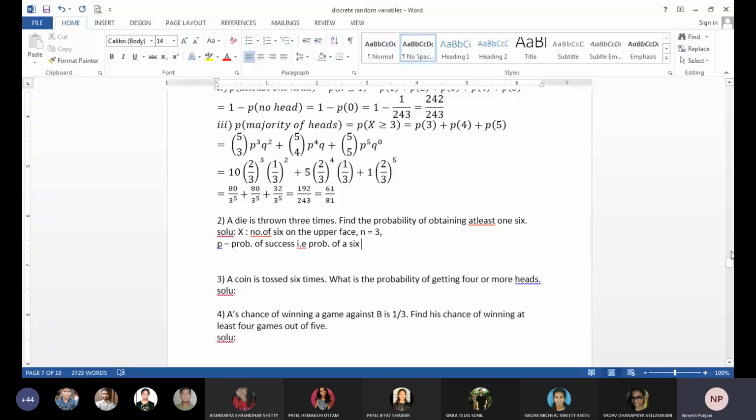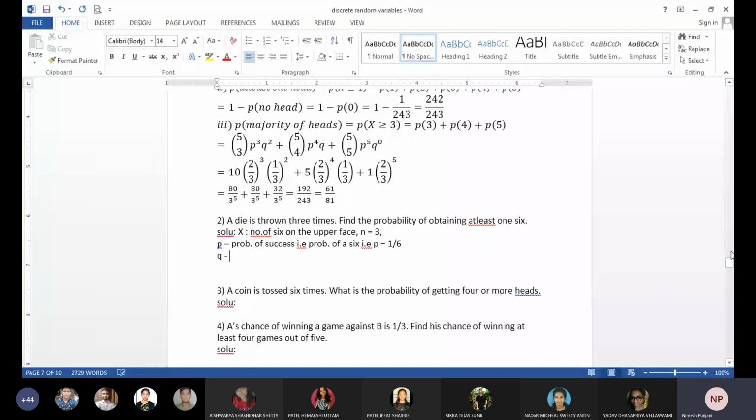So what will be the value of P? डाइस को अगर एक बार टॉस करता है तो प्रोबेबिलिटी ऑफ 6 क्या होता है? एक बार डाइस को टॉस किया तो 6 कितनी बार आ सकता है? एक बार. टोटल नंबर ऑफ पॉसिबल आउटकम्स कितना है? 6. 1/6. So probability of getting a 6 is 1/6.